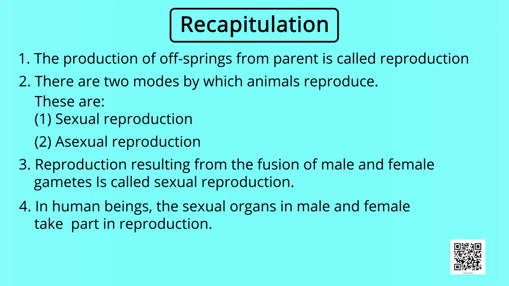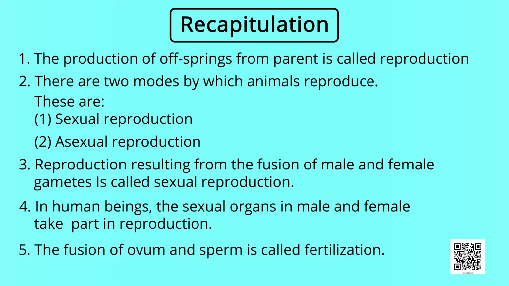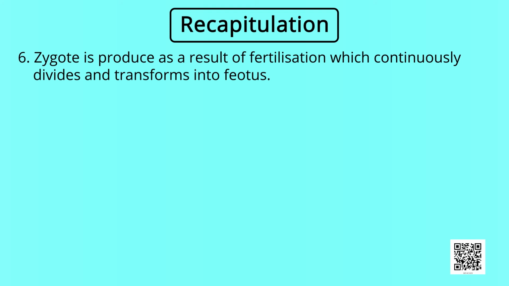In human beings, the sexual organs in male and female take part in reproduction. The fusion of ovum and sperm is called fertilization. The fertilized egg is called a zygote. Zygote is produced as a result of fertilization, which continuously divides and transforms into fetus.